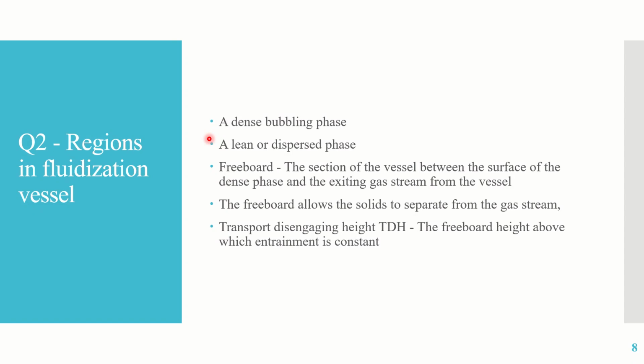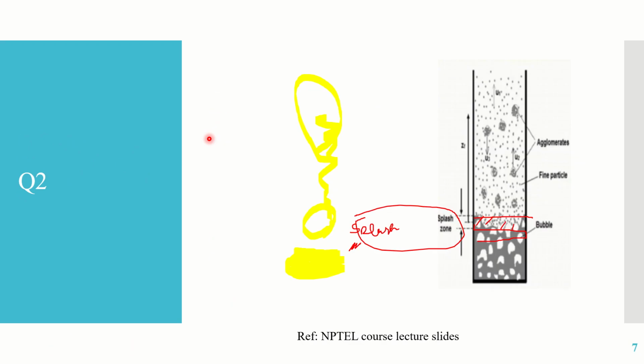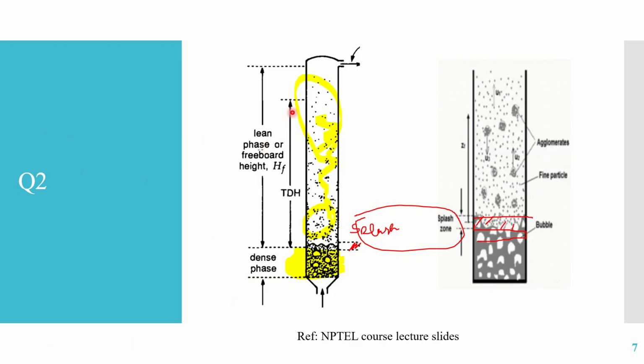And transport disengaging height, TDH, is the freeboard height above which entrainment is constant. So till here we can see the entrainment rate is almost constant, above which there is a very lean region.